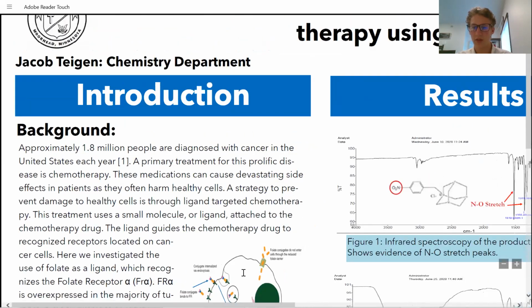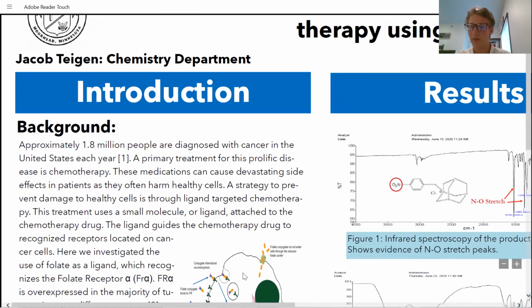I'm going to scroll up here to show you better what that means. 4-nitrobenzyl chloride sounds intimidating, but it really is just referring to this structure right here. This is the product of the first reaction. On this left side is the 4-nitrobenzyl chloride, and over here is PTA. PTA is referred to as a linker molecule, and it has a cage-like structure with 3 nitrogens and a phosphorus up top. So the attachment of this molecule to this molecule was the goal of the first reaction.